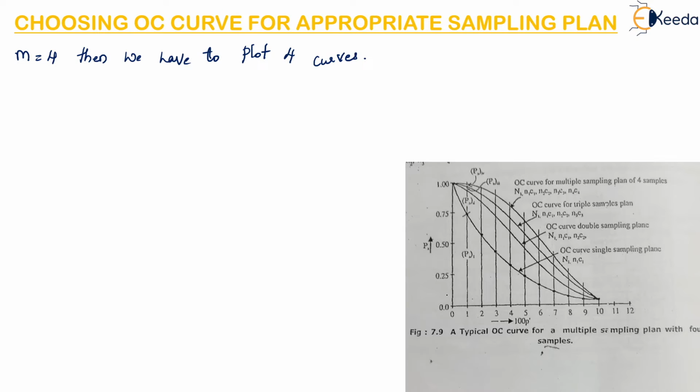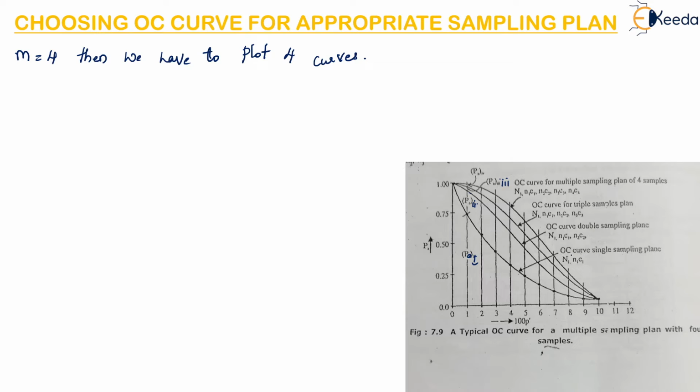From the figure we can see the probability of acceptance for the first sample, the second sample, the third sample, and the fourth sample.